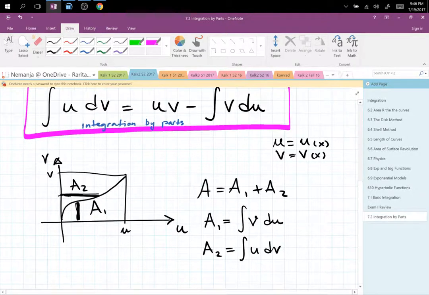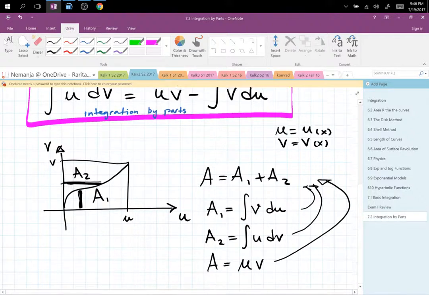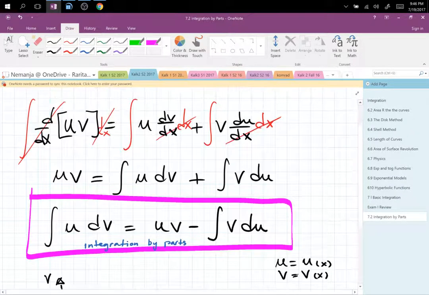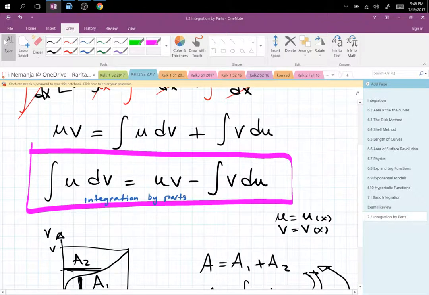Now you can also see that the entire area A, which is a rectangle, is uv. And when you plug these three into the formula up there, you get this expression here, which simplifies into the expression below. So you have a graphical approach, and you have direct derivation from product rule, whatever makes more sense.